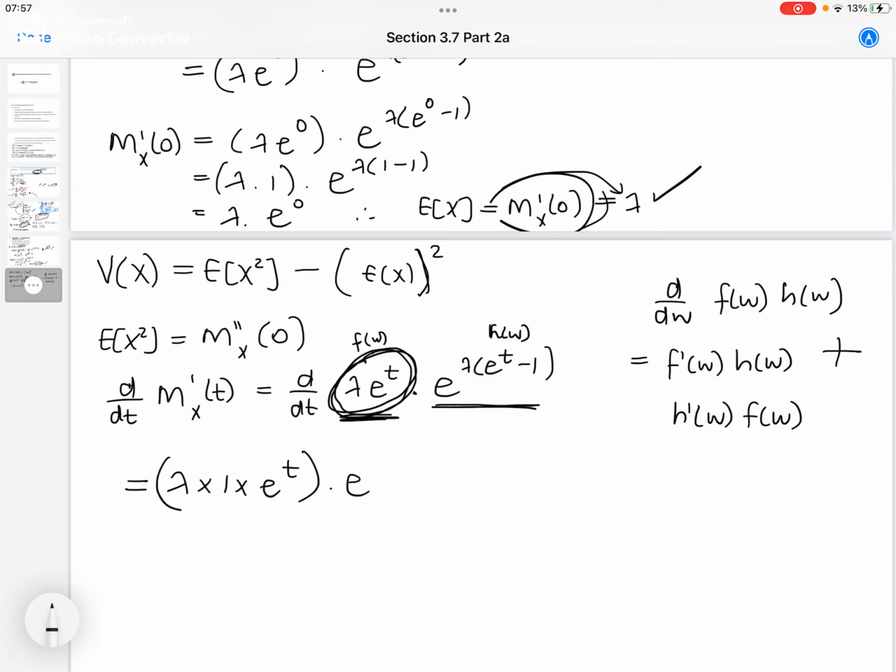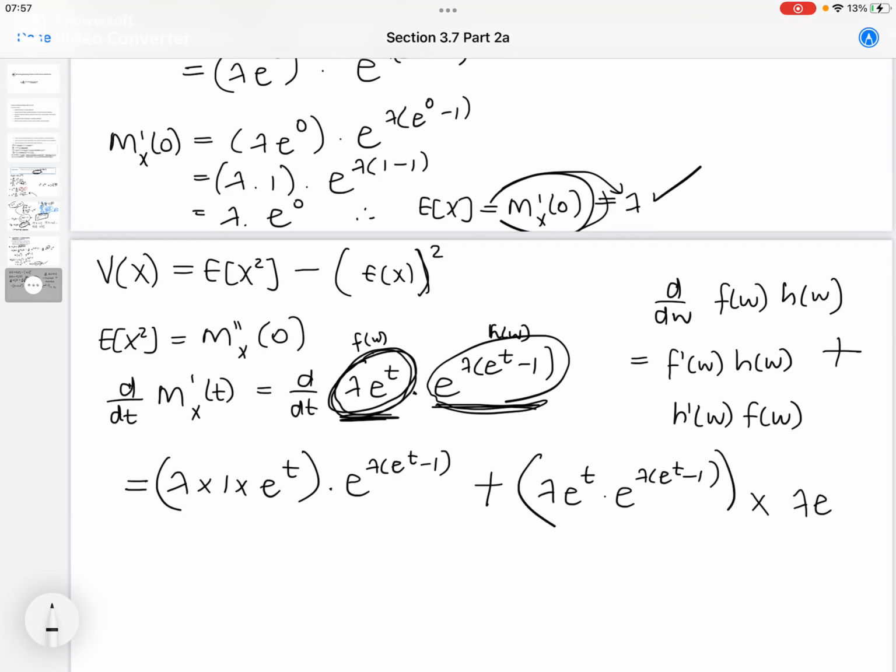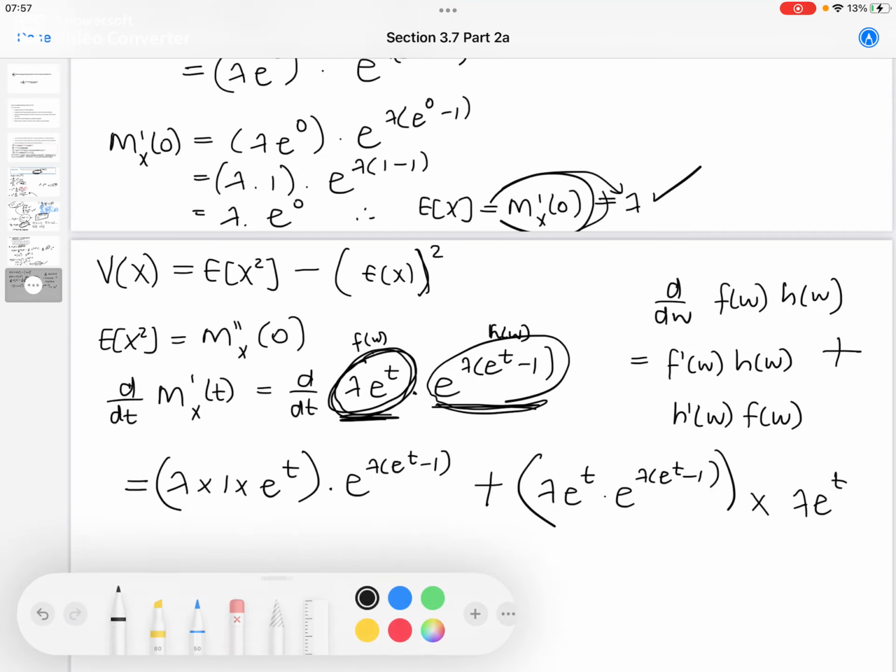Now we multiply by the second function, e to the power lambda (e^t minus 1), plus the derivative of the second function, which is lambda e to the power t times e to the power lambda (e^t minus 1), and then we multiply it by the first function, which is lambda times e to the power t.